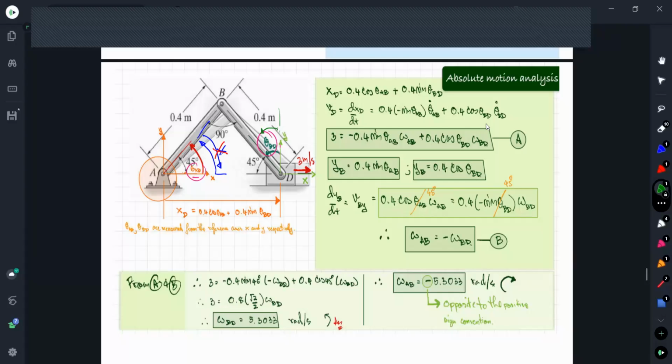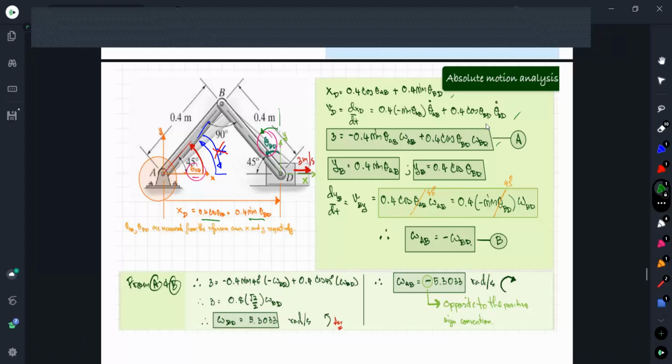For this case, we have to determine the position of point D in terms of the angles that we already defined, and we find XD becomes this term. According to this, we take the derivative of the position XD and we get this term.